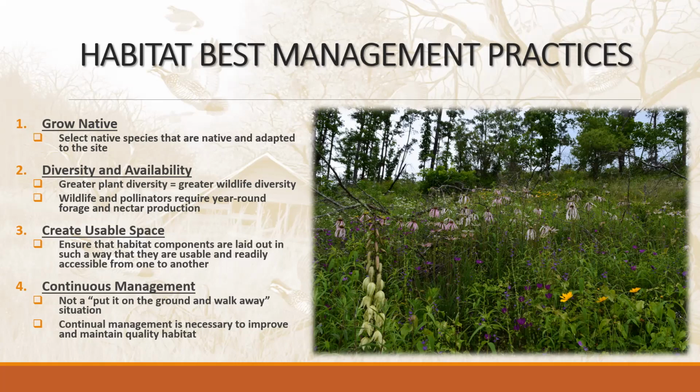These closed canopy forest lands provided nothing of use for wildlife, and also made it hard for them to travel between patches of good habitat. So we really want to create usable space where wildlife can easily move from one place to another. And then, as I mentioned before, continuous management.